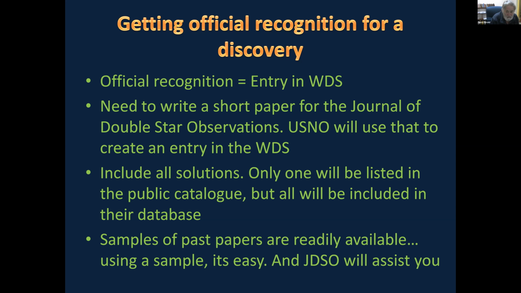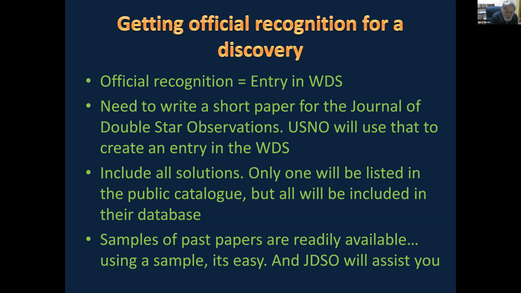Now, one issue that I've occasionally seen is when you've got multiple solutions. People think, "Oh, if I've got multiple solutions, I haven't really measured the parameters of the star because I really don't know which one it is." That's the wrong attitude to take.